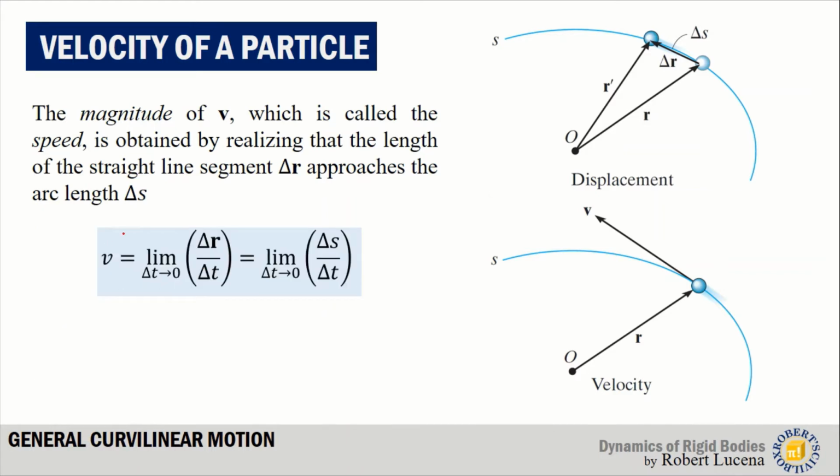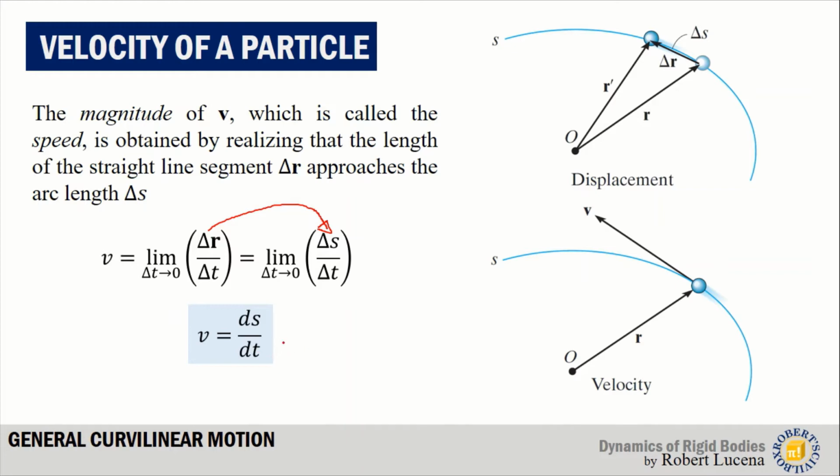As you can see here, the equation explains it all: as delta t approaches 0, this segment becomes smaller, therefore delta r gradually becomes delta s. And this equation becomes ds over dt, or the instantaneous velocity.